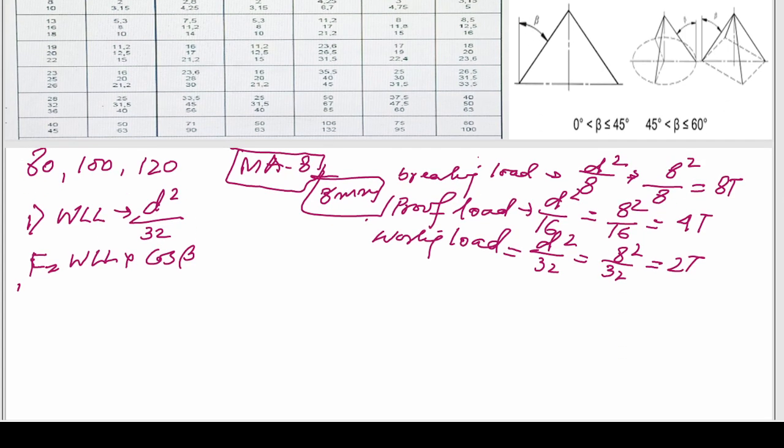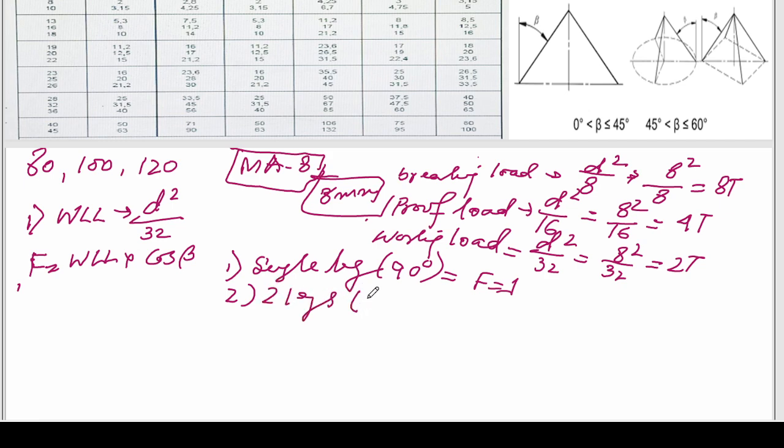So there will be 5 categories. Single leg means 90 degrees, in both cases it will be 90 degrees, so the factor will be 1. If it is two legs, one position is 0 to 45 degrees; in that case the factor will be 1.4.